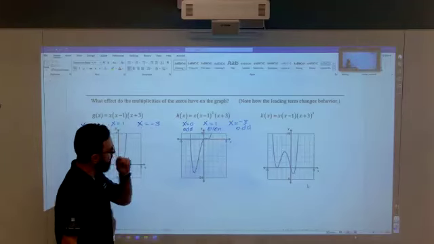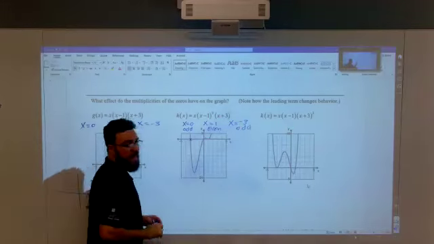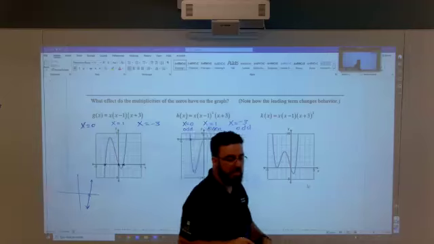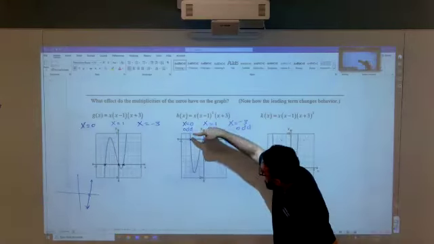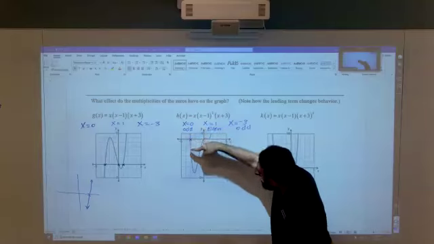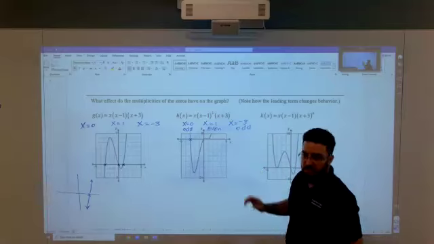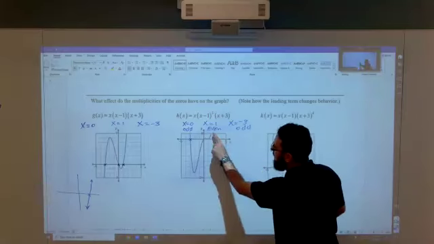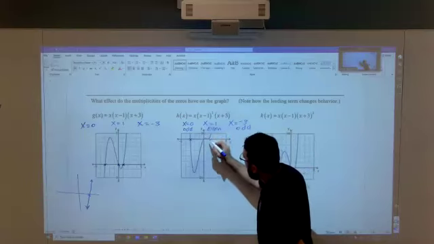Let's see. Where is x equals negative 3? This one. If it's odd, that means it's going to cross the point, right? So check here. The graph came from here and crosses at x equals negative 3. That's fine. Let's see when it's even. Where is the point 1?